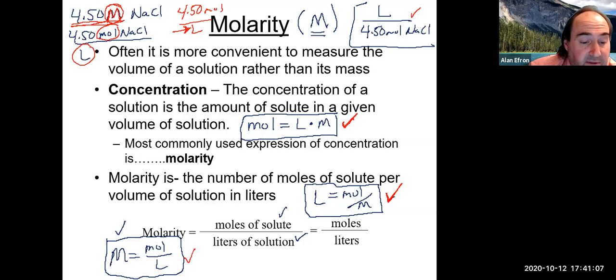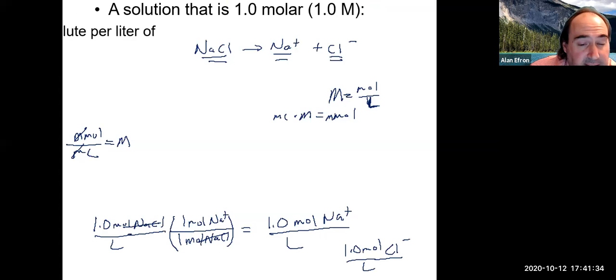Is the liter still there? It's very common. People leave that big M and they lose track of the units. So by switching it out to moles per liter, you can clearly see each of those units. You can clearly see if something canceled or didn't cancel. And again, I would highly recommend not doing calculations where you keep the big M. It is super common that people forget all about the liters part when they're doing these types of calculations.